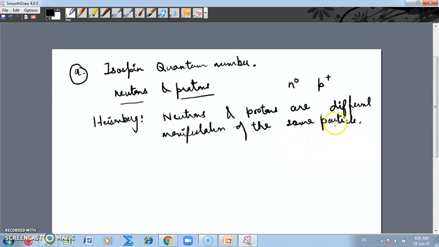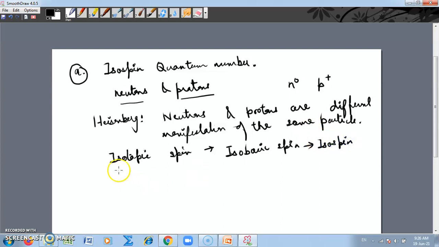that difference was told to be the isotopic spin, which later was named the isobaric spin or the isospin. What is this?